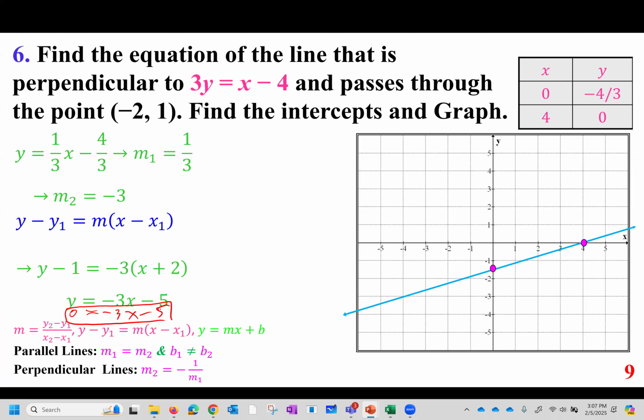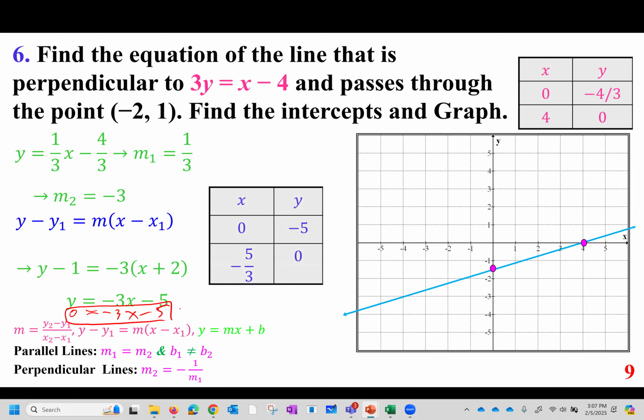To solve this, you move the negative 5, it becomes positive, divide by negative 3, you get minus 5/3. In other words, positive 5 is negative 3x. x becomes negative 5/3, and that's what we have here.